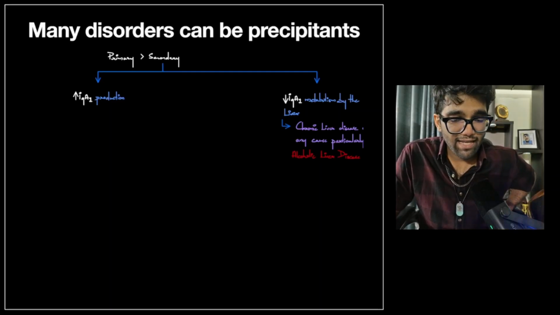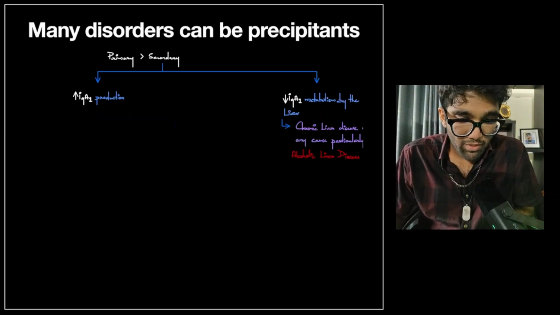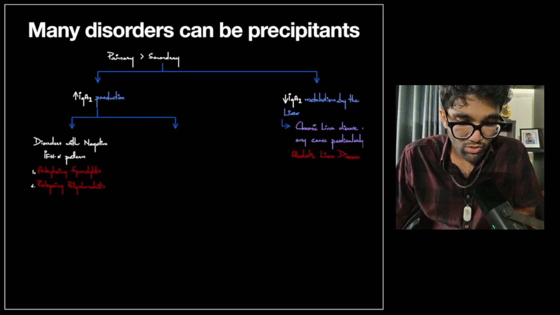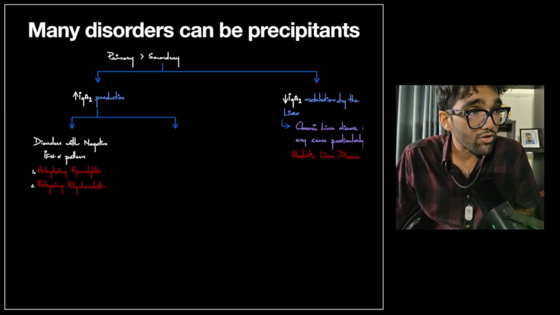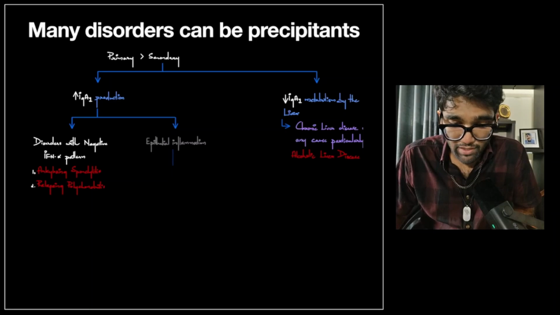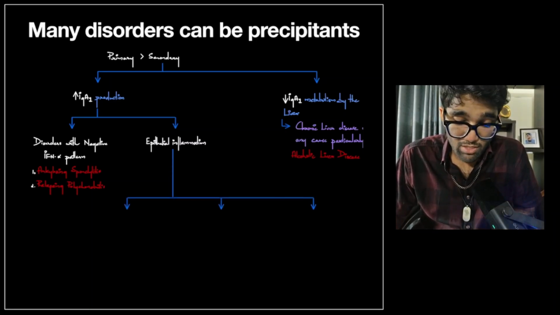On the other hand, there may be increased production of IgA1. IgA production may be increased because of disorders with negative type 1 interferon signatures. That includes your spondyloarthritis, like ankylosing spondylitis and relapsing polychondritis, as well as it might be increased due to chronic epithelial inflammations.